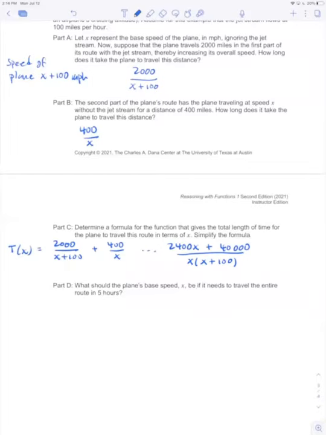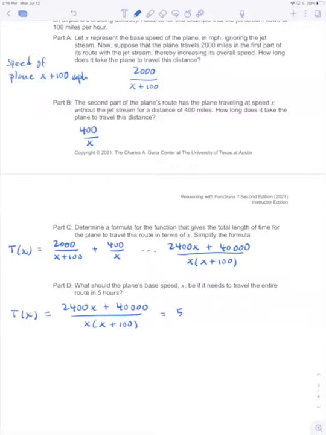Part D, what should the plane's base speed x be if it needs to travel the entire route in 5 hours? Okay, so let's do this. All right, t of x is equal to 2400x plus 40,000 over x times x plus 100, and set that equal to 5.